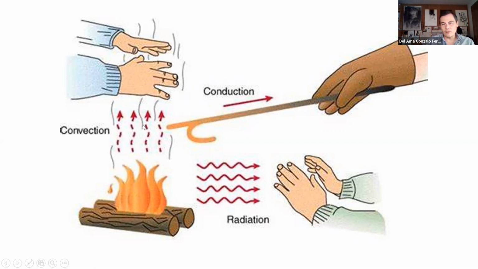We will have convection, because the heat source, the boiler, the fireplace, heats up the air, and then the air moves and affects us. And then we have solar heat gains through radiation. We don't need air. That's why we feel the solar radiation and solar heat, because we don't need air to transmit heat through radiation.